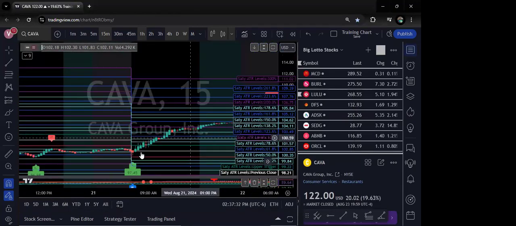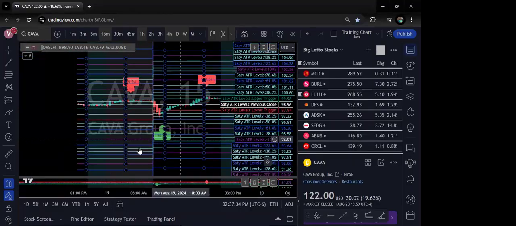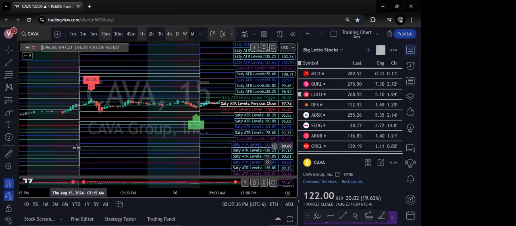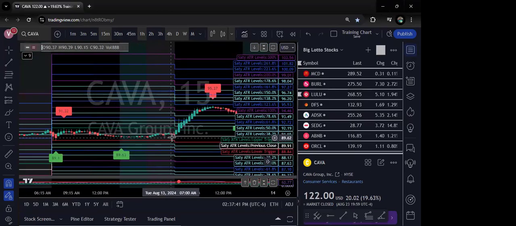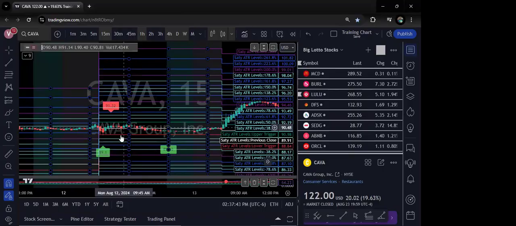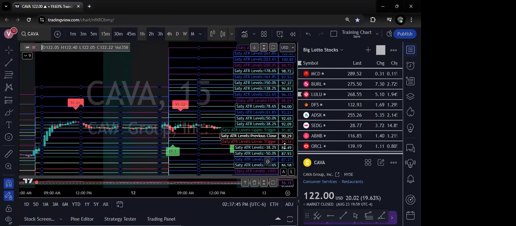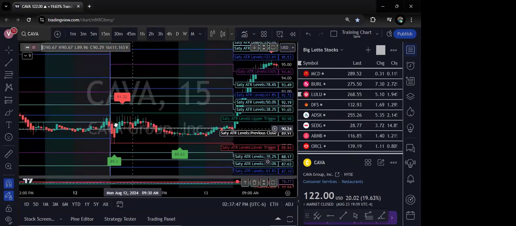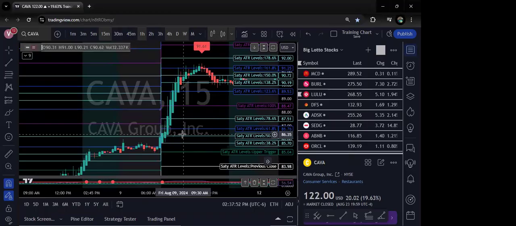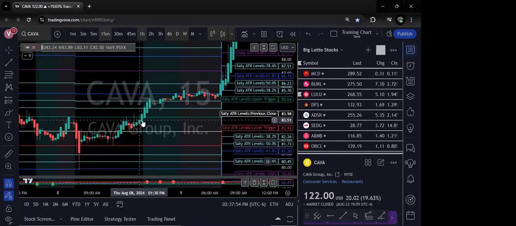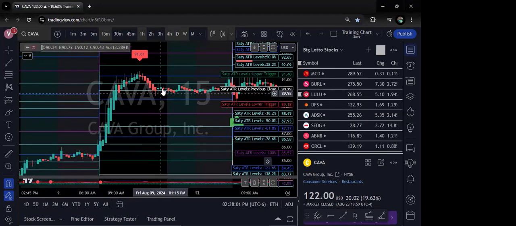So you're seeing on the 12th, the 12th here and the previous day, so here even the 8th and the 9th, the close is down here, and then the next day the close was up here, at 90.